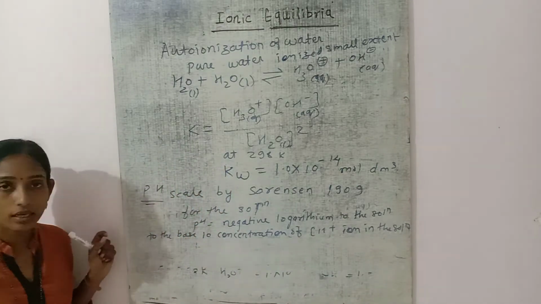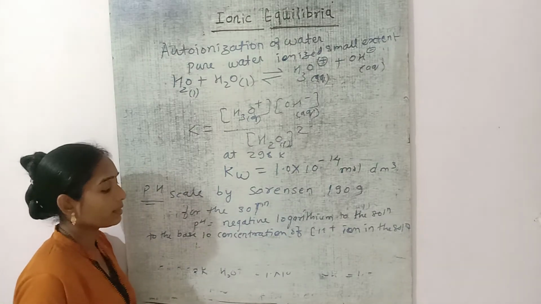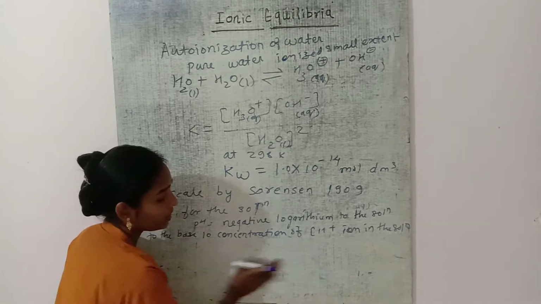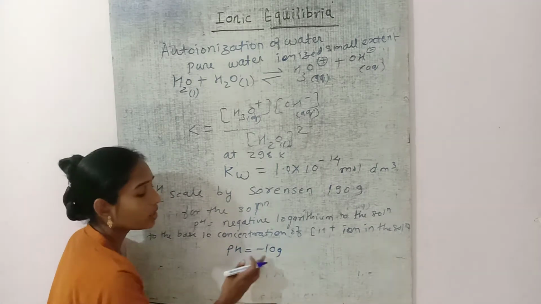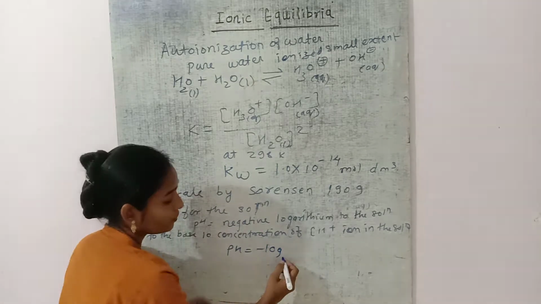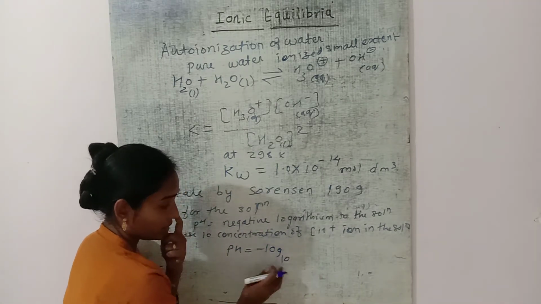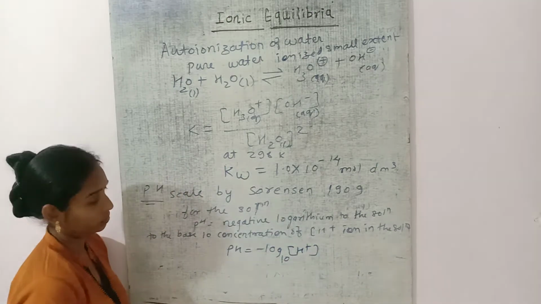Sørensen in 1909 put the concept of the pH scale, and it is given that pH is equal to minus the logarithm to the base 10 of the concentration of H plus ions of the solution.